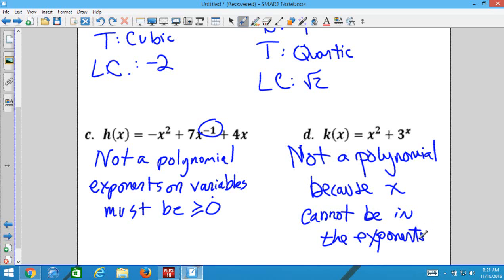We cannot have the x in the exponent spot. So there are 3 student practice problems. Take a moment, try it on your own.